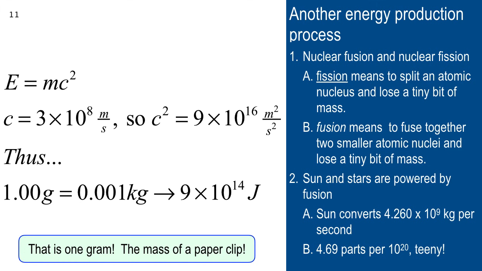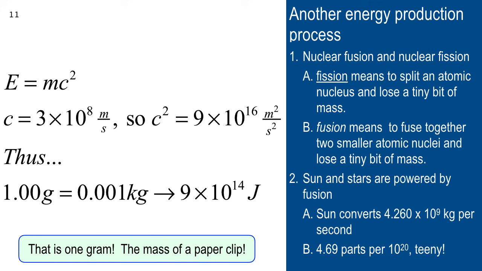What the sun burns up per second is roughly 4 point something parts per 10 to the 20. I don't even know what that is. It's more than 1 part per trillion, more than 1 part per quadrillion.